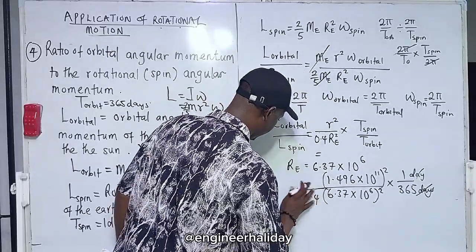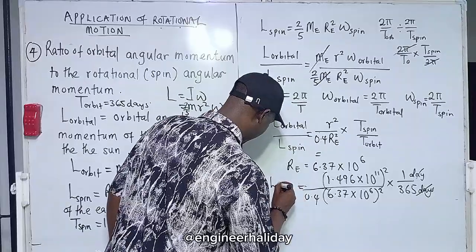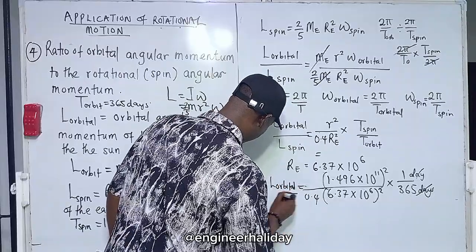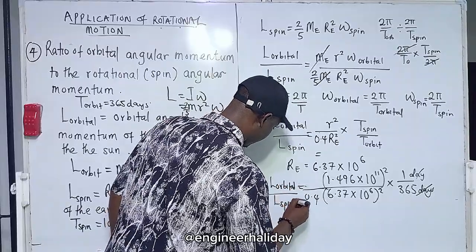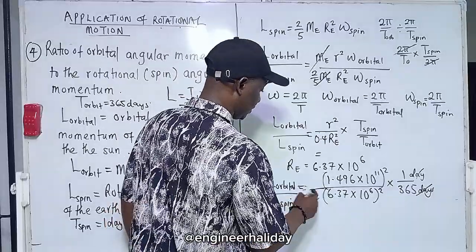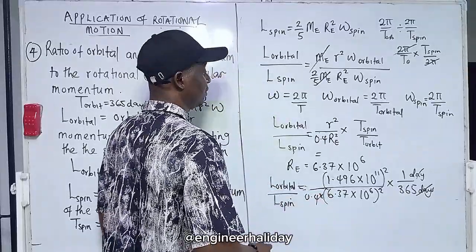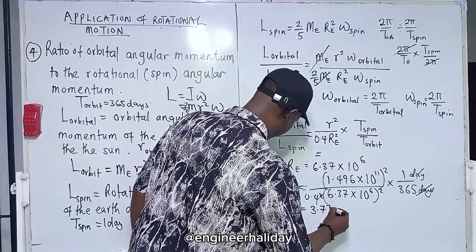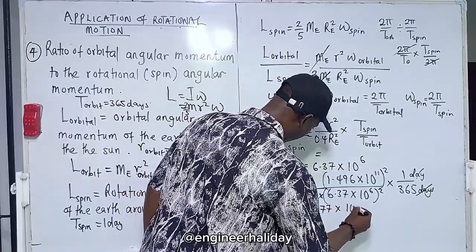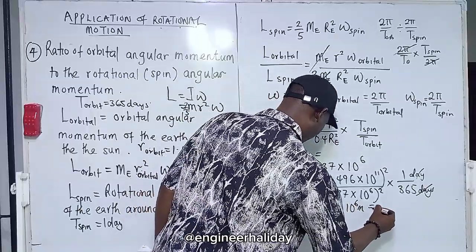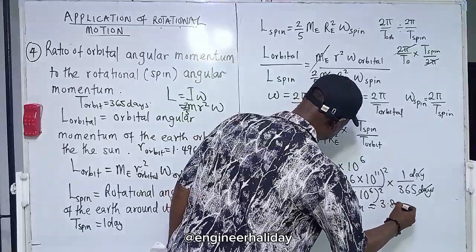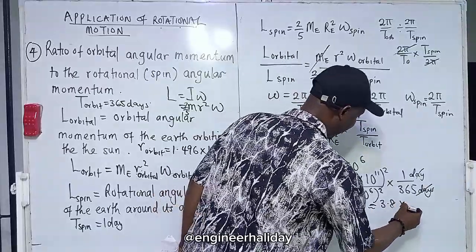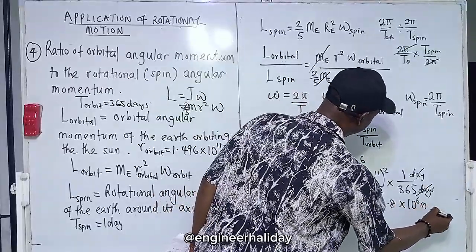So this one now we have 0.4 here. So what is our answer here? The ratio of orbital to spin angular momentum. This one will multiply this. So if you do the calculation, you are going to have 3.77 times 10 raised to the power 6, which is approximately 3.8 times 10 raised to the power 6.